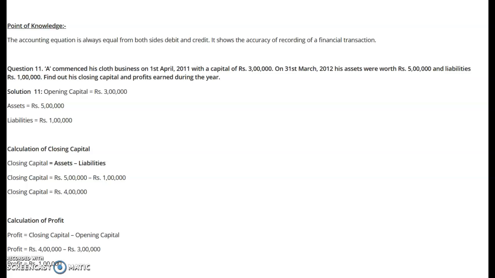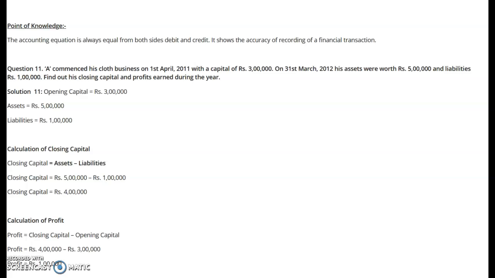Now we have found the closing capital, and we have the opening capital. Now what we have to find out is the amount of profit or loss during the year. As I told you, if there is an increase in the closing capital from the opening capital balance, there will be profit, and if there is a decrease, there will be loss, provided that during the year there are no drawings and no additional investment made.